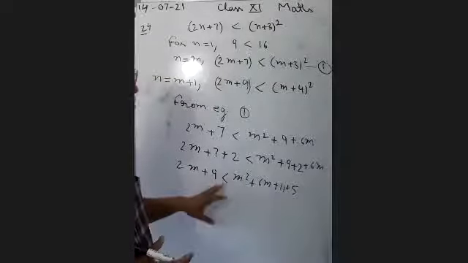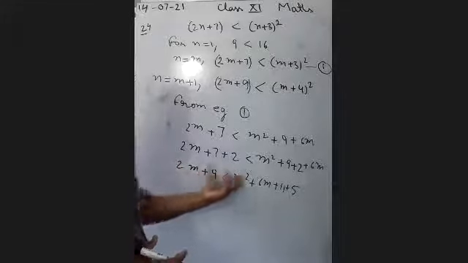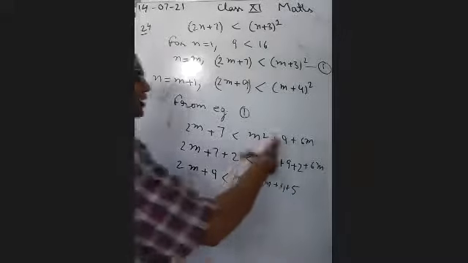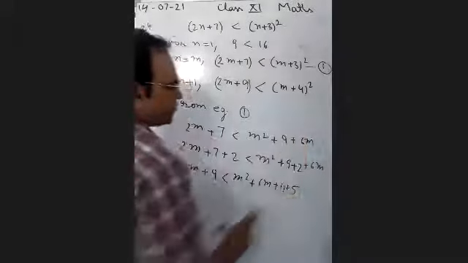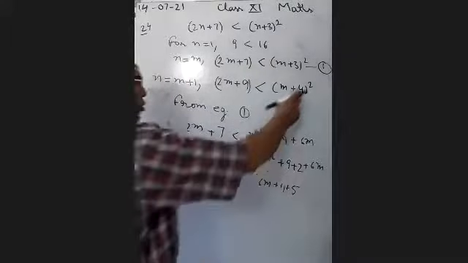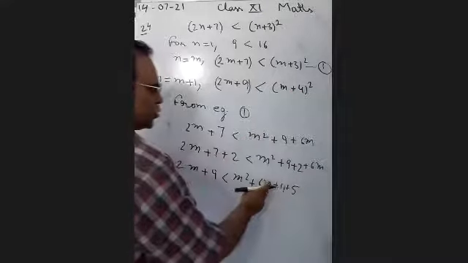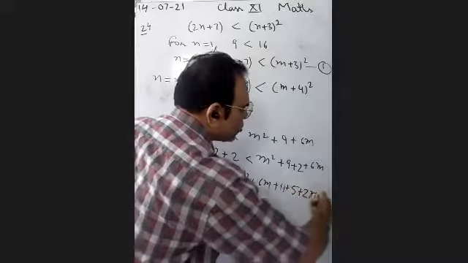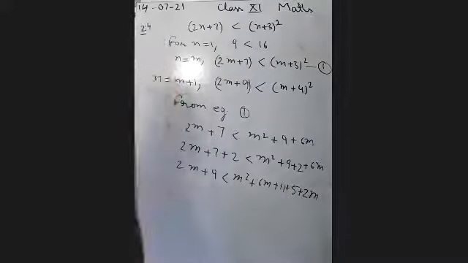Inequality means the left side is less than, the right side is greater than, so there will not be any change. That's why we have added 5 only. We need 2 for the 8m, so we need 2m more, so we are adding 2m extra because m is a positive thing, it is not negative.